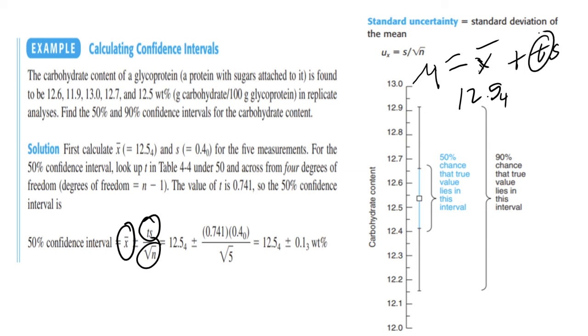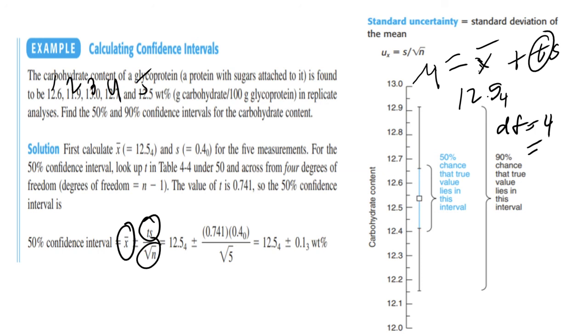So what is t? First, we need to know how many are in the data set. So you have 1, 2, 3, 4, 5. So there's 5. That means in a t table, I need to have degrees of freedom being 4.